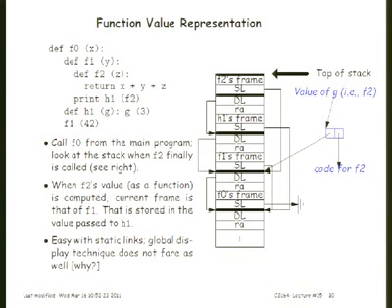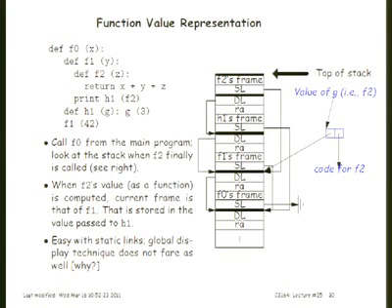Well, you do it the way that you do in 61A. The value of this parameter, the value of F2 that I pass, has to be something like this. It has to be a pair that contains not just a pointer to the code of F2, but also a way of referencing the frame in which I evaluated F2.